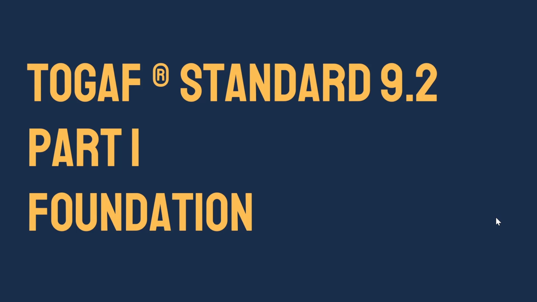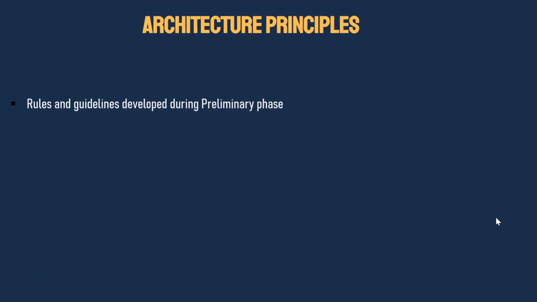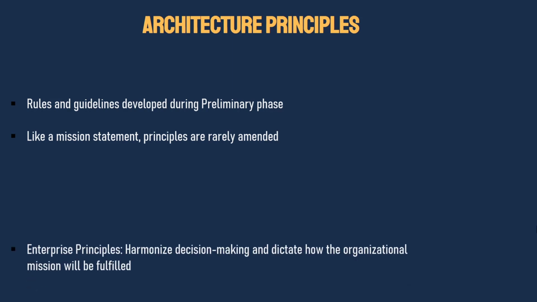When we are talking about guidelines and principles, let's first understand what architecture principles are. These are our rules and guidelines developed during the preliminary phase. Like a mission statement, principles, once stated, are rarely amended. There are enterprise principles and architecture principles.